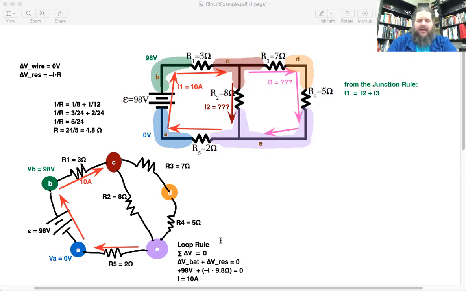And if you know current and resistance, what can you calculate? What do you get if you multiply current times resistance?